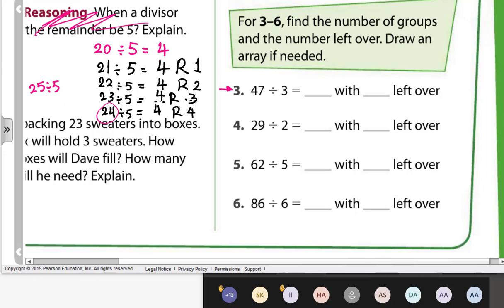In this case, you cannot say that it's 4 and remainder 5. If you write 4 and remainder 5, this is wrong. Why? Because the remainder is equal to the divisor.